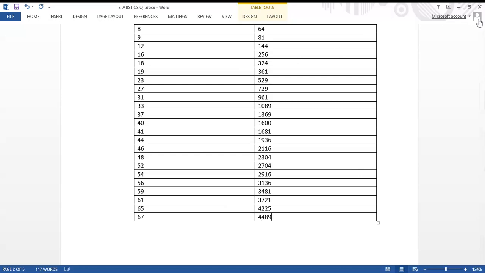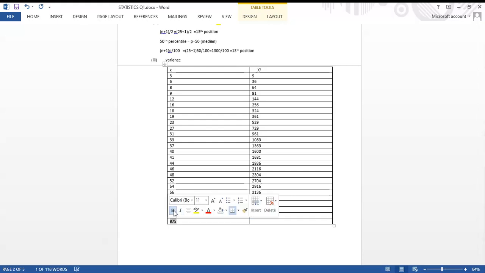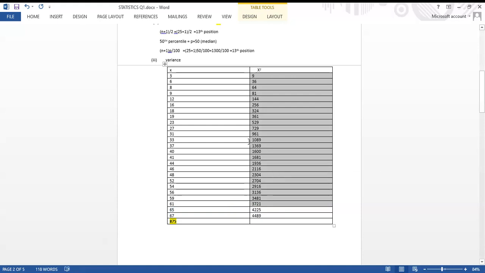So now what's going to happen is we are going to have to add up all these values in the x squared column. Right here already we got our total for the x values, 875. Now these values here, we have to total them up, all of them. Okay, so has someone done that?